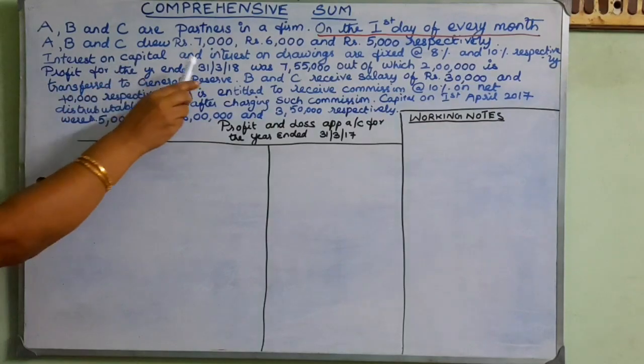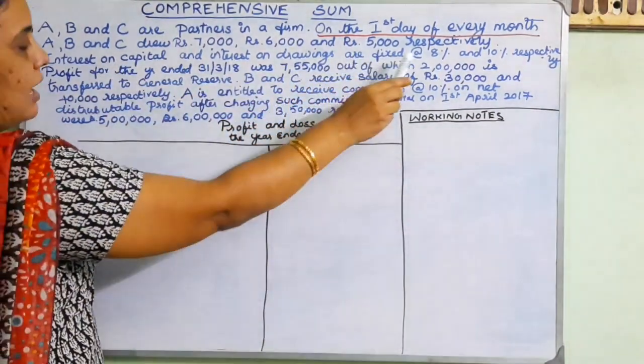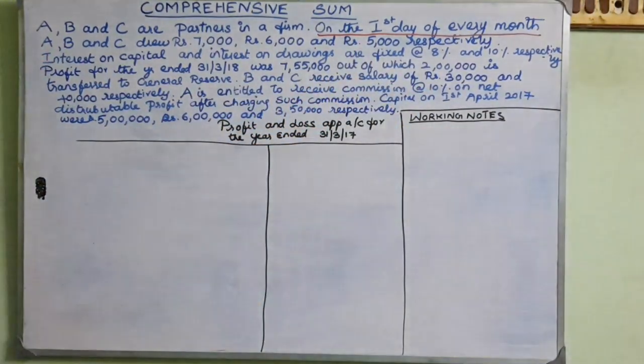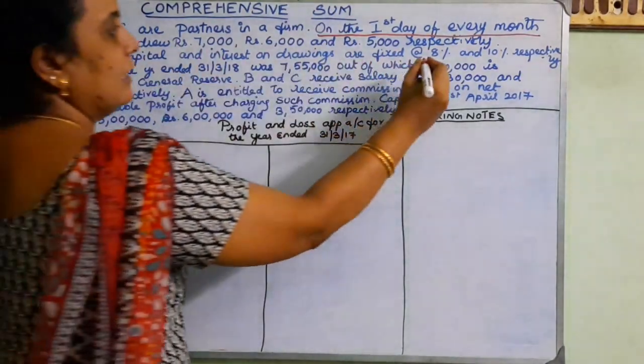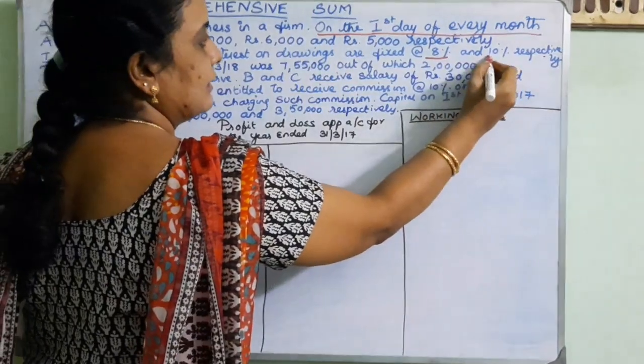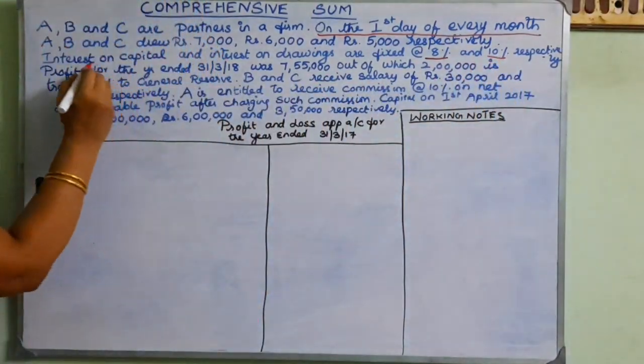Interest on capital and interest on drawings are fixed at 8% and 10% respectively. So interest on capital is 8%, interest on drawing is 10%.